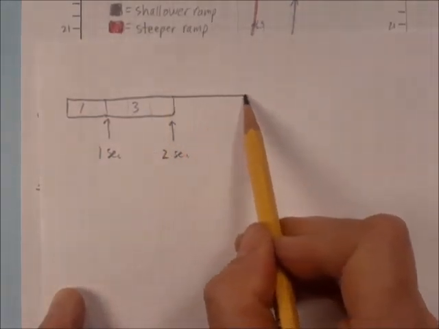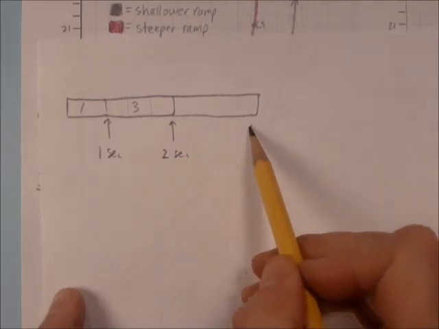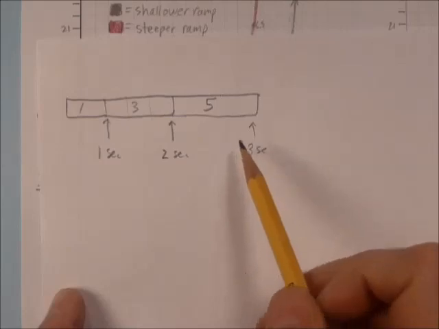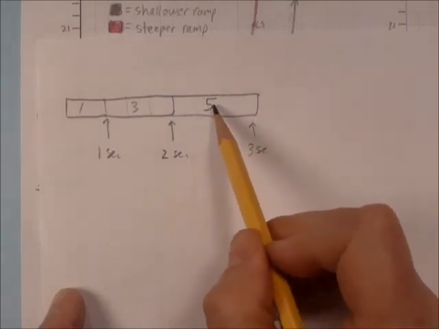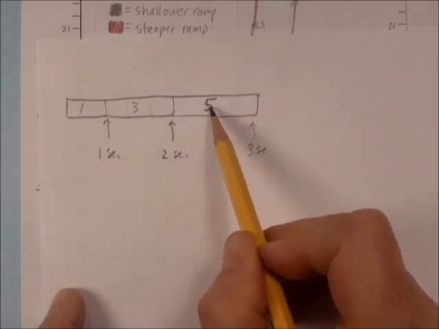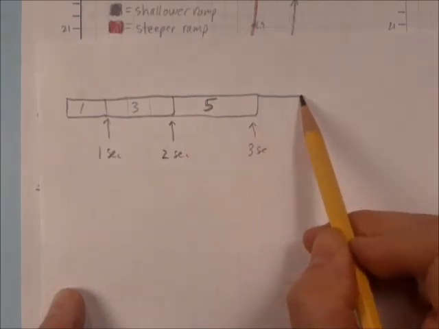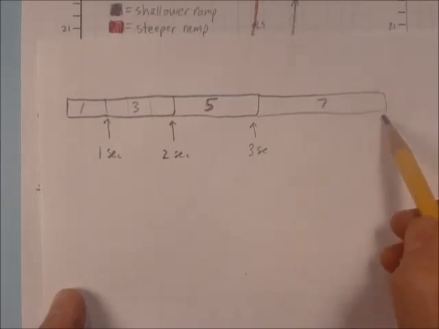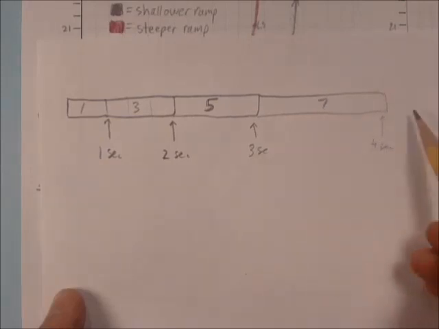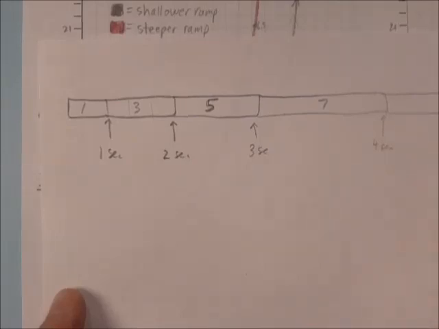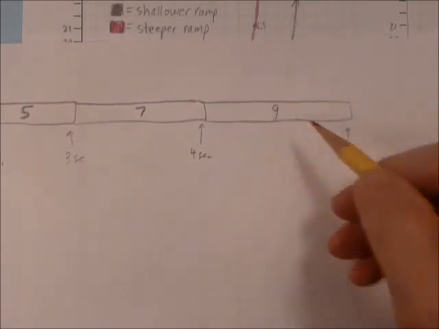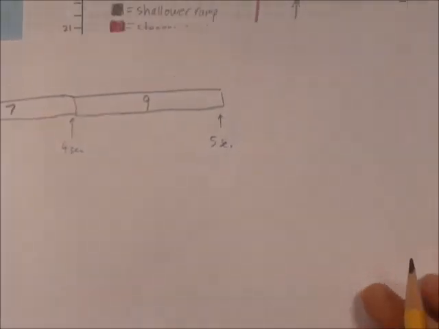And then in the next second, at the 3 second mark, it travels 5 more because it was accelerating. So this is 5 of our original units. And then the next second it travels 7 of those original units. And then in the next second, the 5-second mark, it would have traveled 9 of those original units.